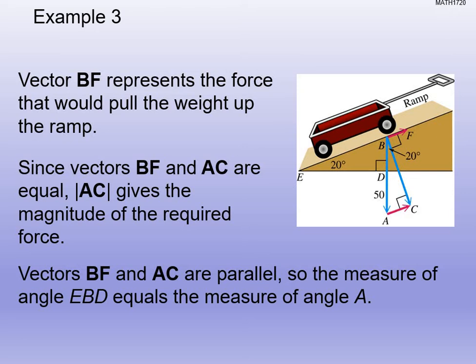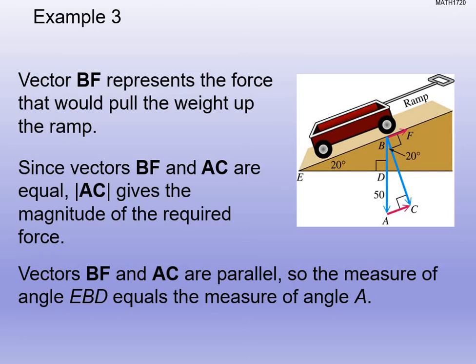Now, here's the really, really important piece for us. Vectors BF and AC are parallel. Very important, because we're going to pull in some geometry here. Vectors BF and AC are parallel.